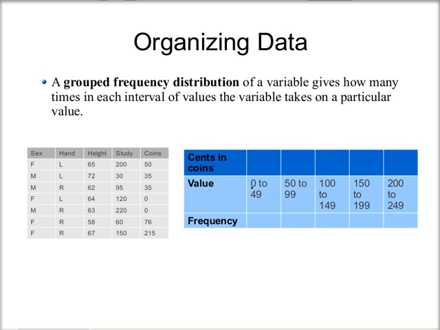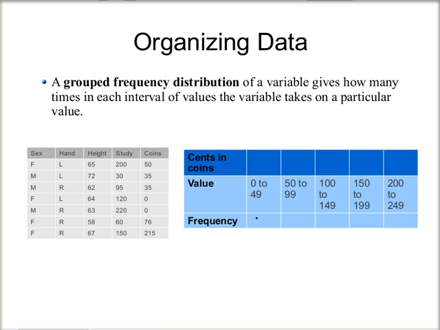My lowest interval is from 0 to 49, and that's going to include my smallest value, which is 0. And then my highest interval is 200 to 249, and that includes my highest value, which is 215. And then I've just included all of the 50-cent intervals from 0 to 49, 50 to 99, 100 to 149, 150 to 199, up to 200 to 249.